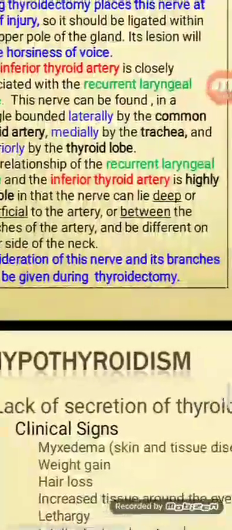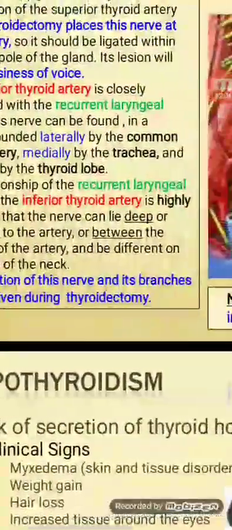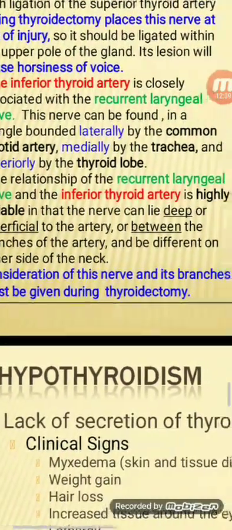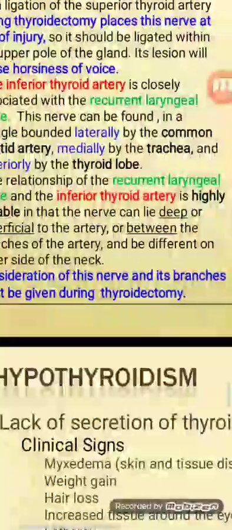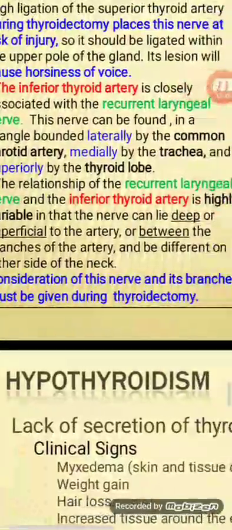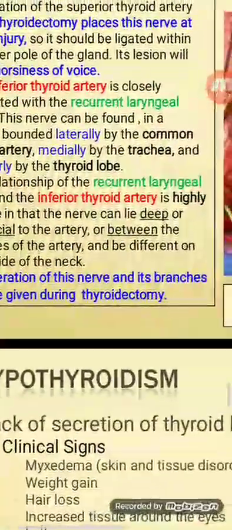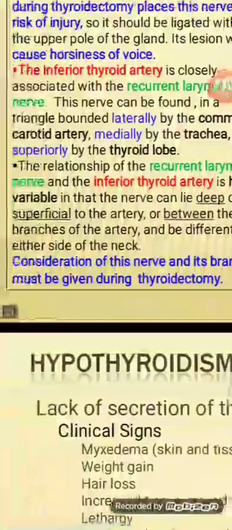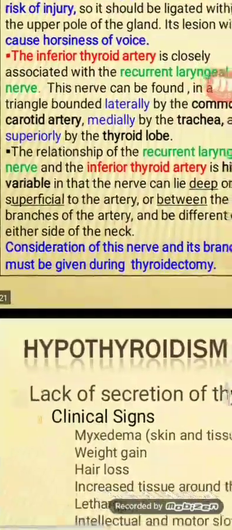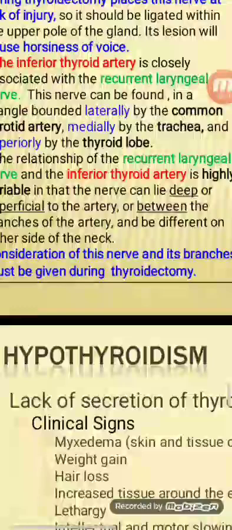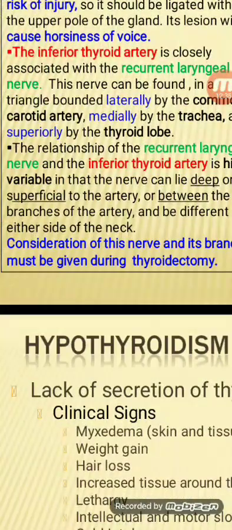The relationship of the recurrent laryngeal nerve and the inferior thyroid artery is highly variable, in that the nerve can lie deep or superficial to the artery, or between the branches of the artery, and can be different on either side of the neck, right side and left side. Consideration of this nerve and its branches must be taken into account in thyroidectomy. You have to know this. Sometimes it will be superficial, sometimes deep, sometimes in between.